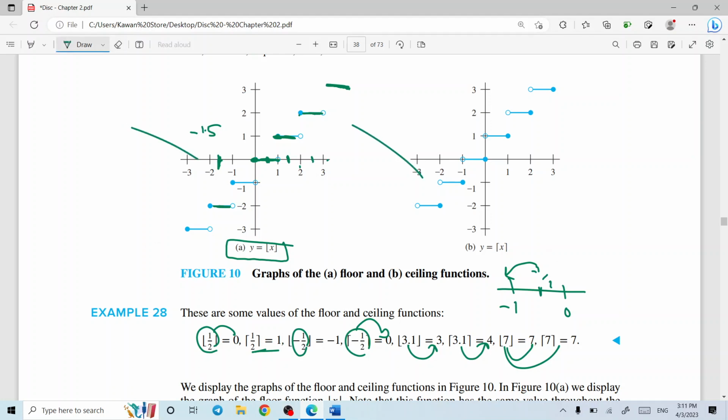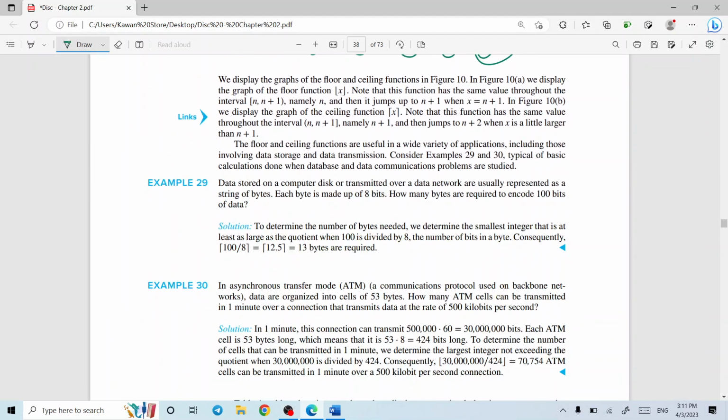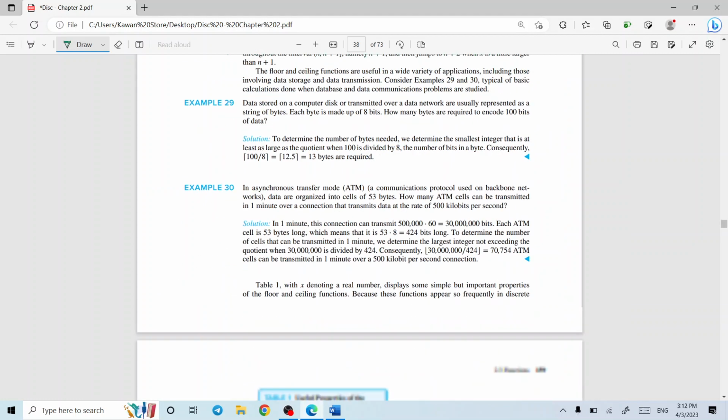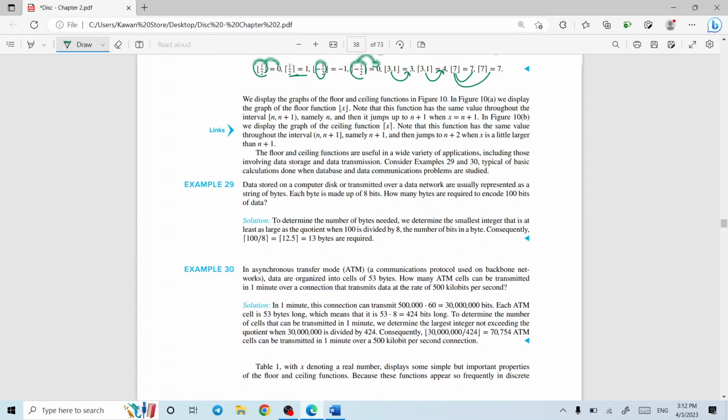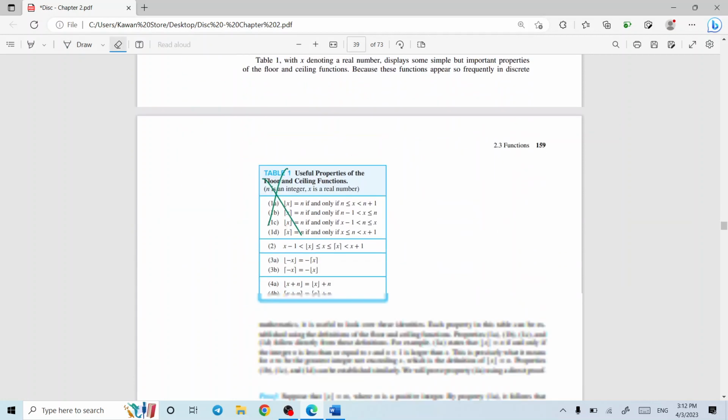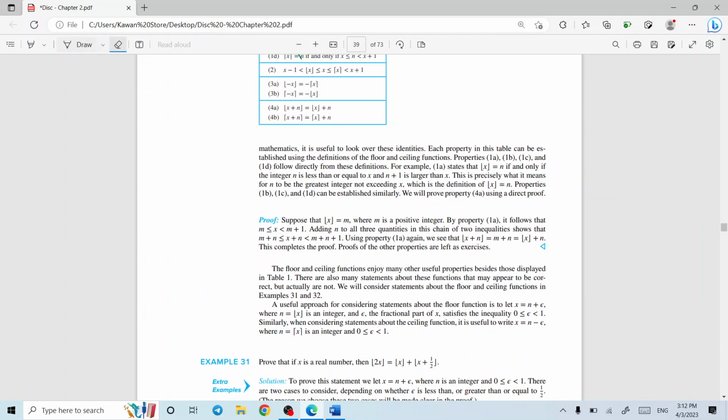Of course, we have many things to mention here. Forget about the table. These two examples, I'm going to solve that one for you, and that one will be homework. I think this is the last example. So these proofs are not included for you.